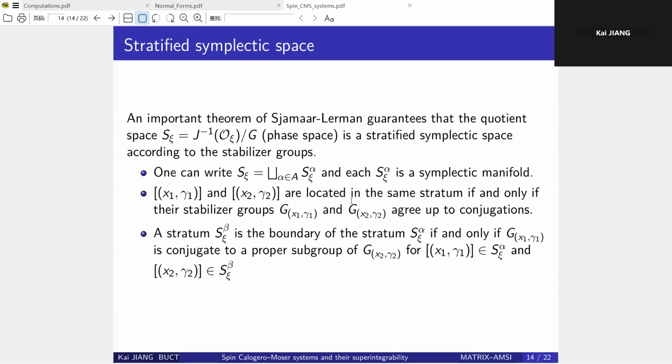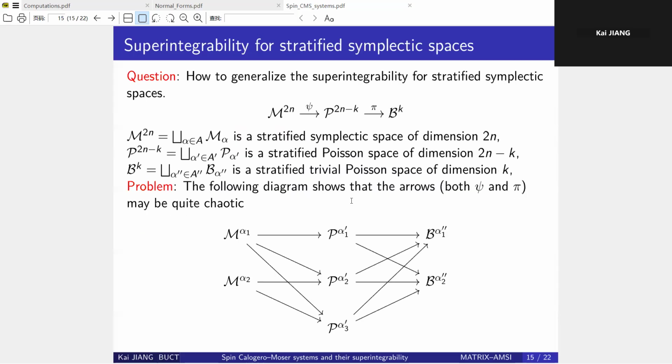So what we would like to show is that this is still a stratified space. And although stratified spaces are quite complicated, we can still find an open dense subset on each stratum, such that the stratum still has superintegrability.